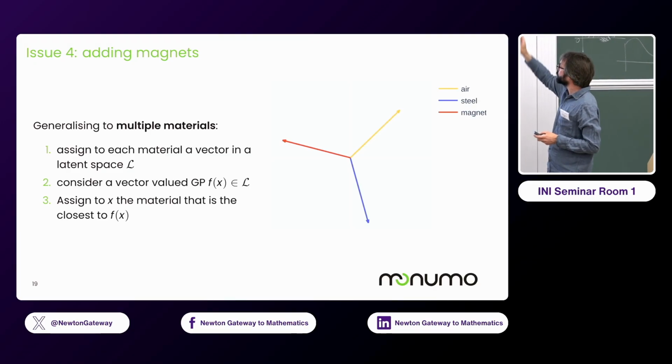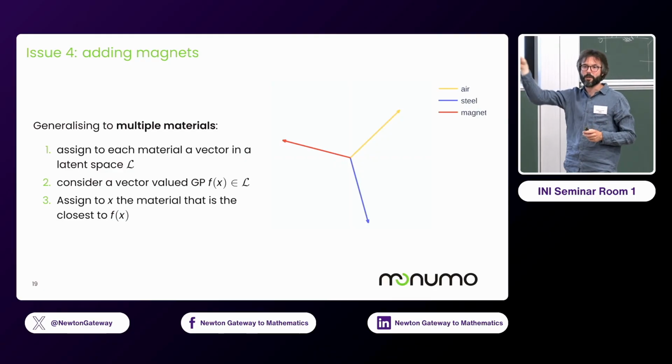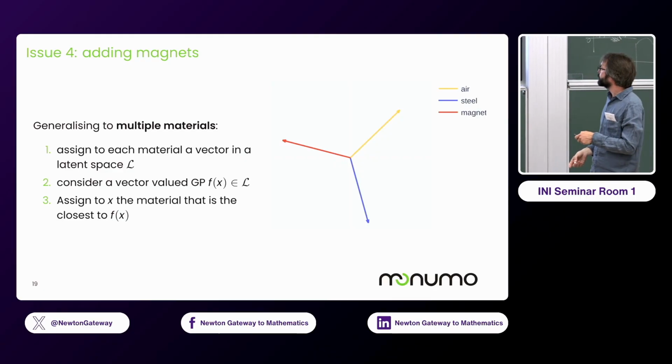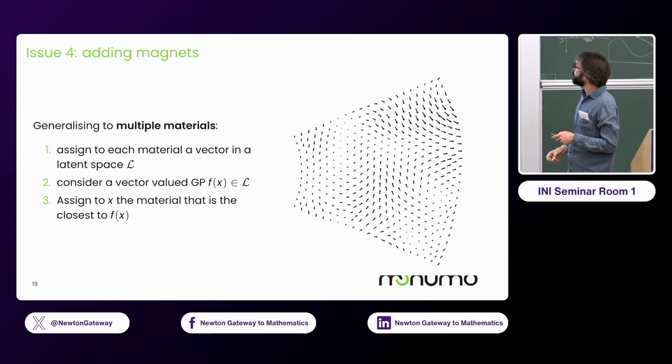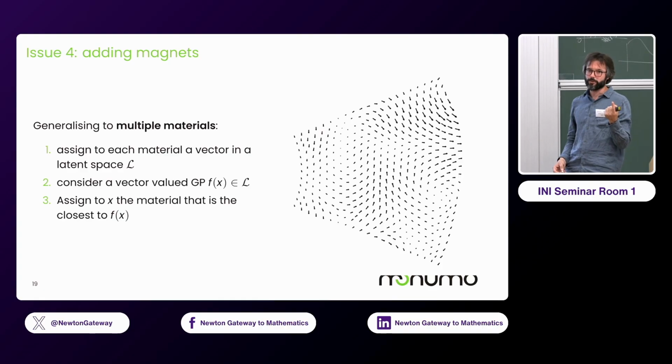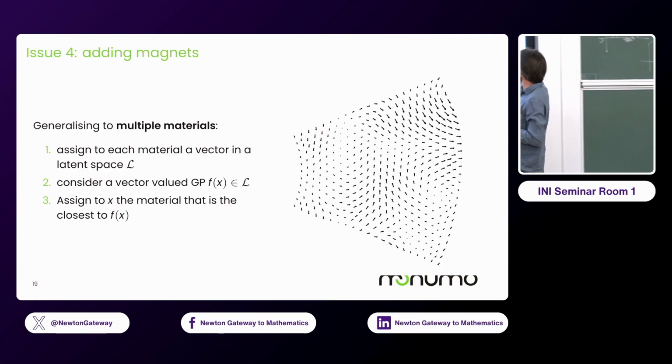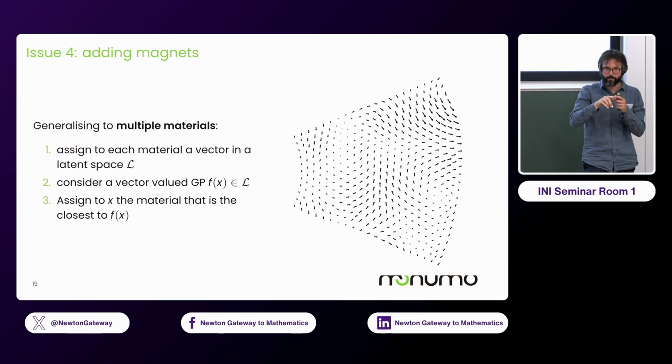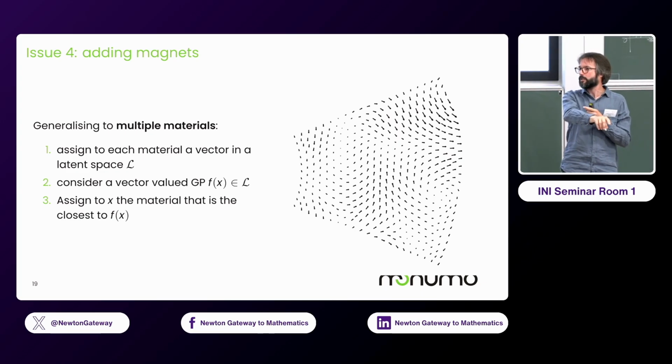The directions here are arbitrary, they are just 3 directions, one for each vector. The second step is that instead of sampling one scalar-valued Gaussian process, I sample a vector-valued Gaussian process. So for each of the nodes, for each of the control points, I have a little vector that has a direction.